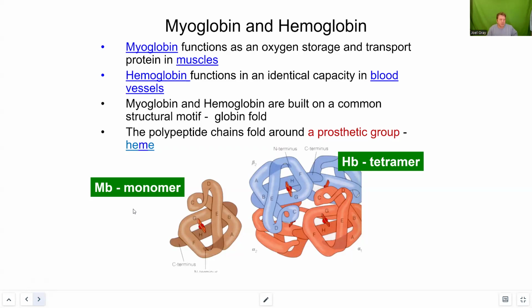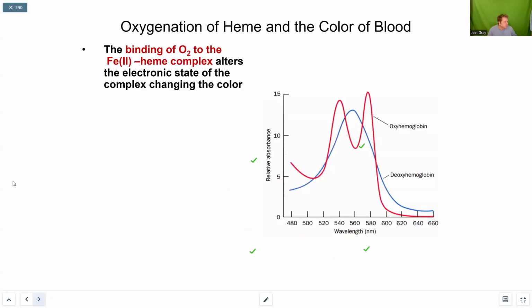These are distinct proteins. We'll talk about the structure a little bit on Friday and or Monday. Hemoglobin is four different subunits. As we previously talked about, we've got the beta 2 subunit, alpha 2, alpha 1, and hidden behind this HB tetramer is our beta 1 demarcation. So it's four subunits that assemble that are different from myoglobin.